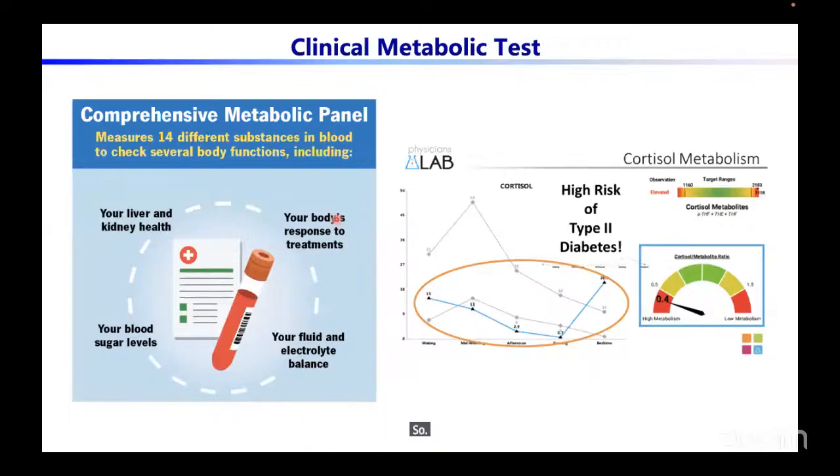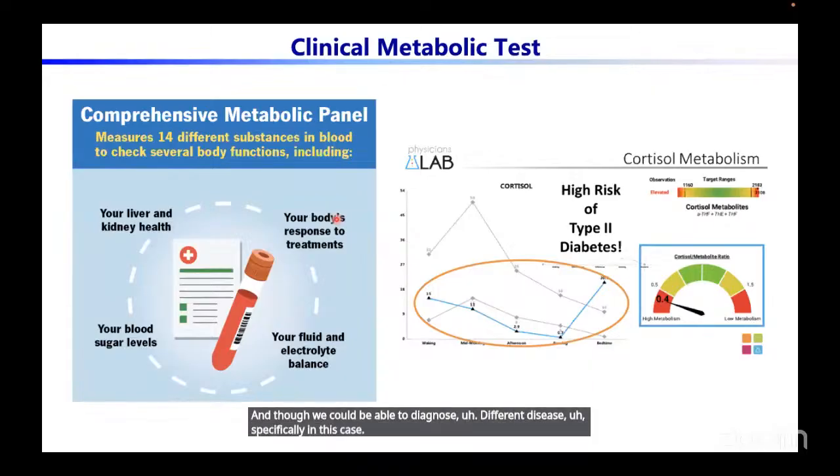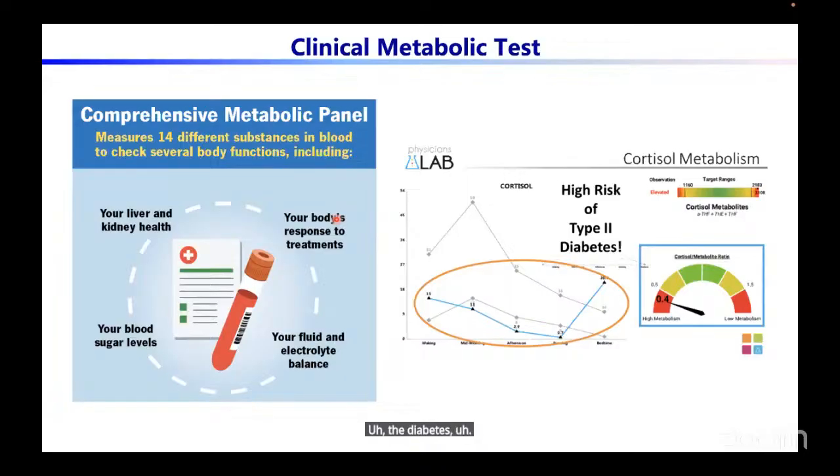So by measuring the metabolic states of the blood samples, we could diagnose different diseases, specifically in this case, type 2 diabetes.